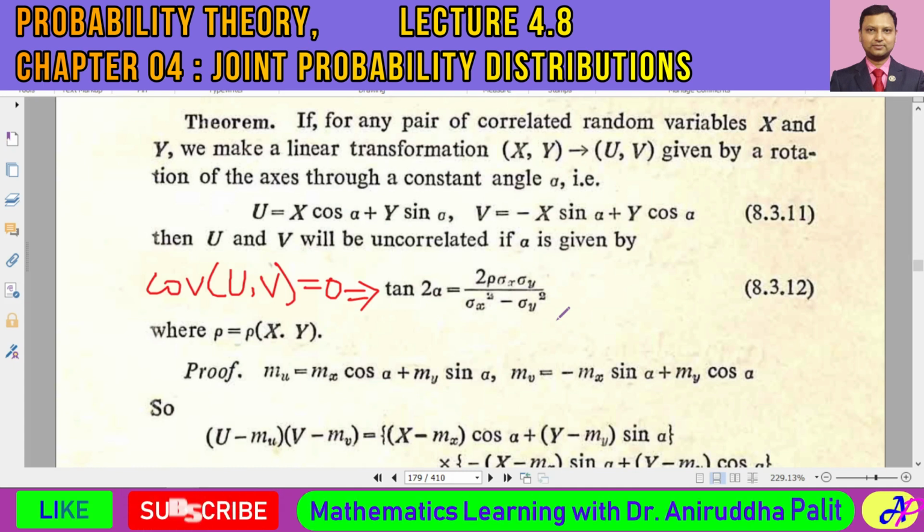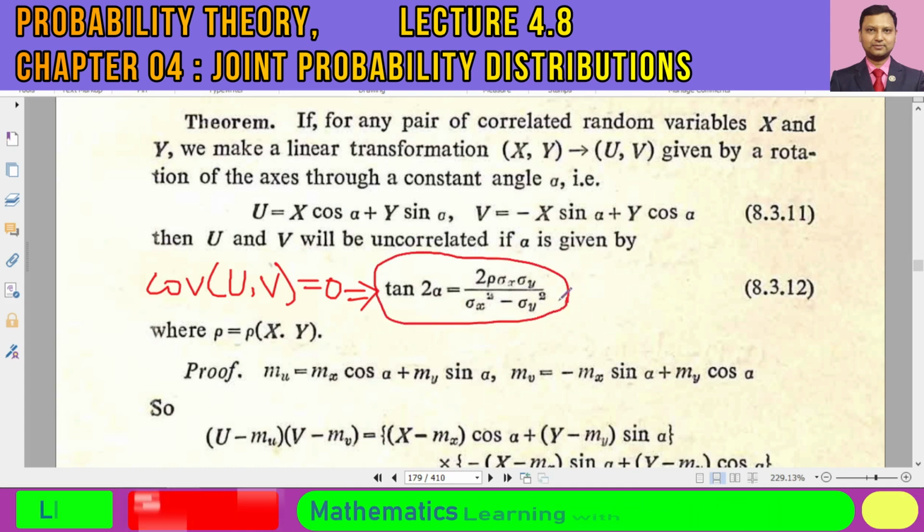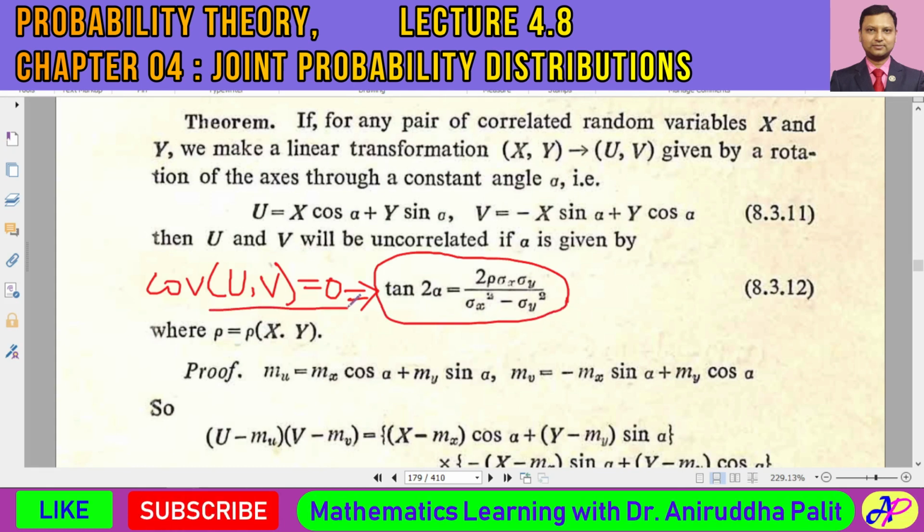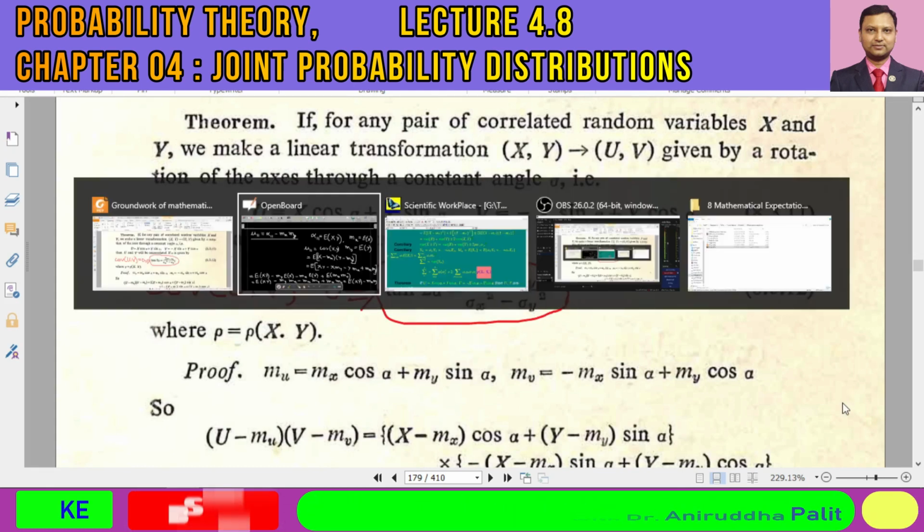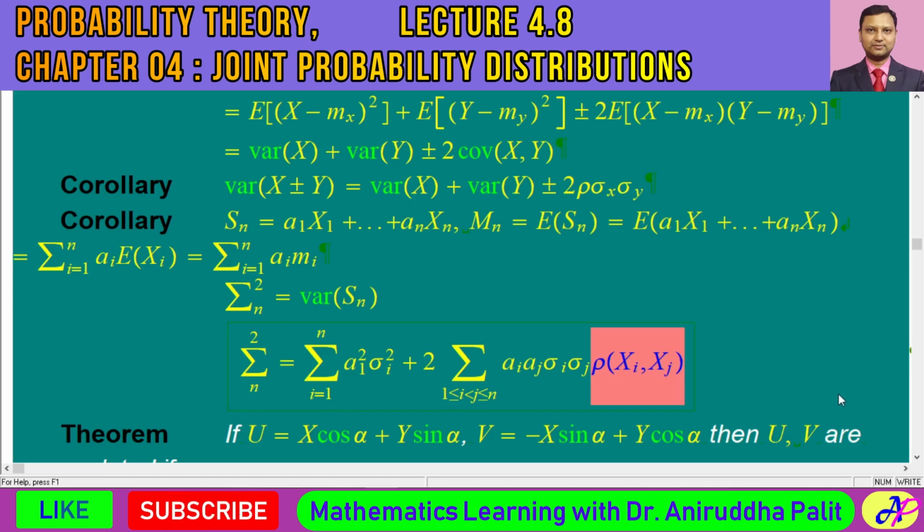So we shall have to show this result from the fact that the covariance of u comma v is equal to 0. So let us prove this result.